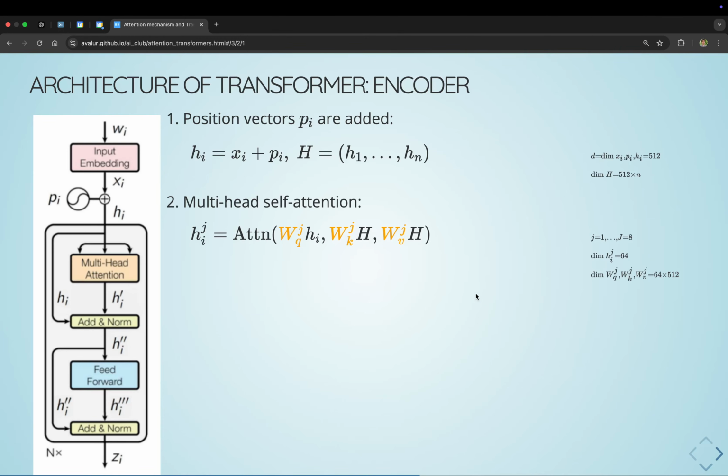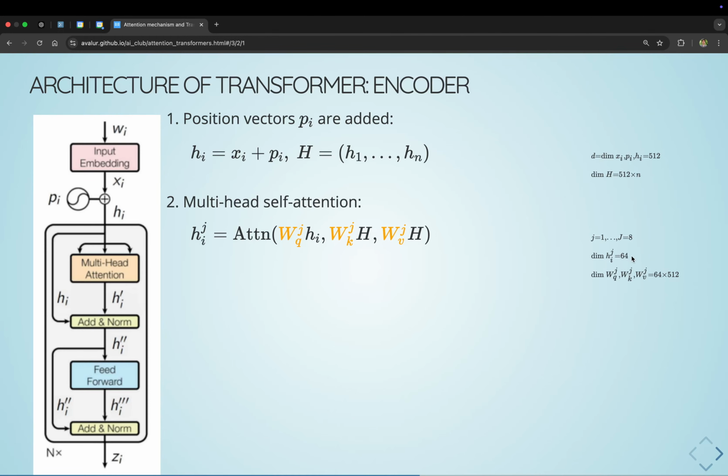And here also on the right side of the slide you see the standard dimensions of all the vectors. For example, you see multi-head self-attention. We have, for example, 8 heads, for j from 1 to big J, and the dimensions of all the matrices in the attention block are 64 by 512.